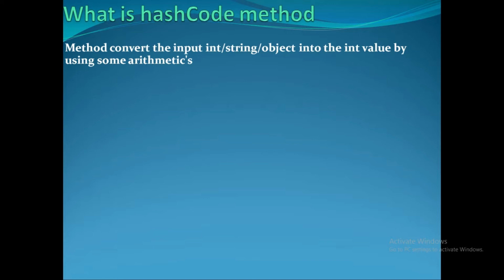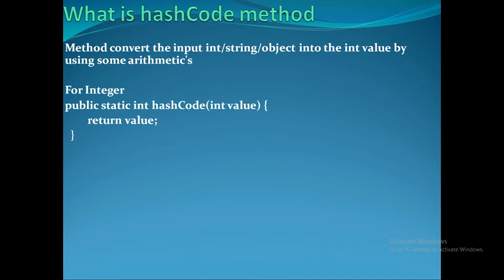For Integer, if you open the source code of the Integer.class file, you will find this hashCode method. It simply returns the value as it is.